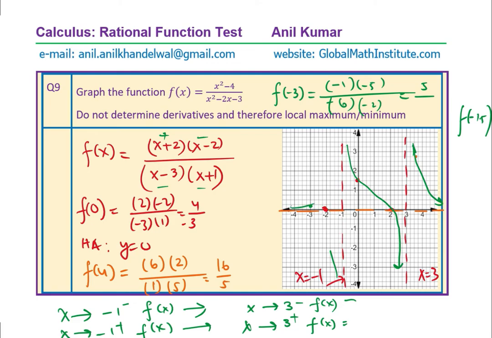Let me redo. So that is how you're going to get the graph of this particular function. So I hope the concept is clear, right? Now, if you were finding the derivatives, you would have got the local maximum and the point of inflection also.